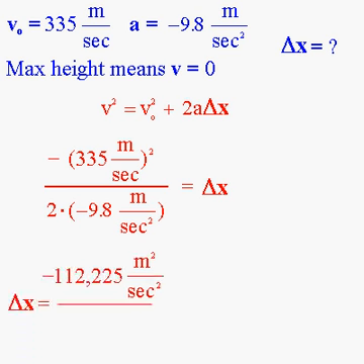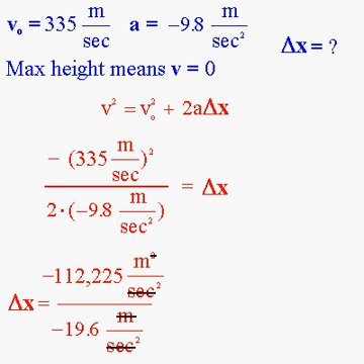When I square 335 meters per second, I get 112,225 meters squared per second squared. I'll do significant figures later. When I multiply 2 times negative 9.8, I get negative 19.6. Look at the units. The square on meters cancels, and the second squareds cancel completely, so in the end we're left with meters.